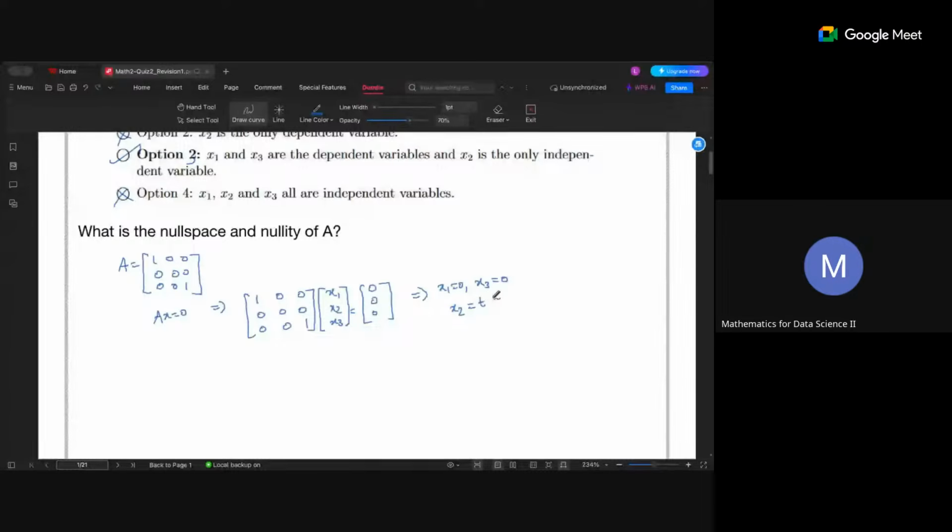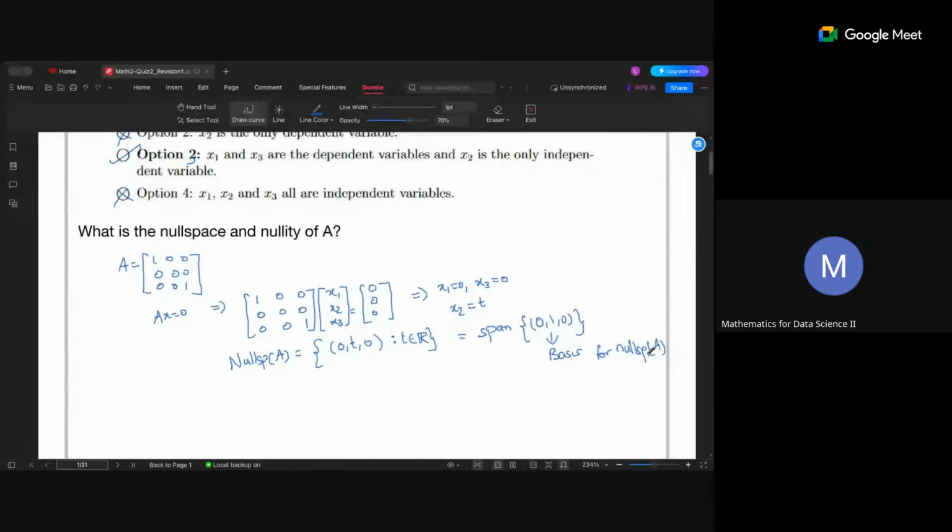So you have the null space of A as the set of all (0, t, 0), t varying in R, or you can write it as the span of (0, 1, 0). So you see that this forms a basis for the null space of A.